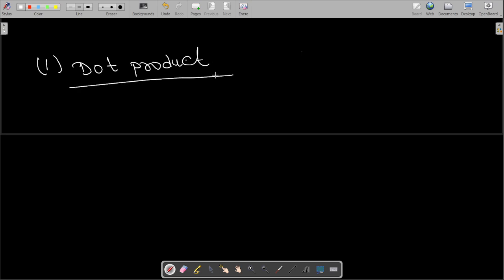Dot product. If suppose we have two vectors, vector a and vector b, then the dot product would be a dot b, and it is represented as a b cos theta.